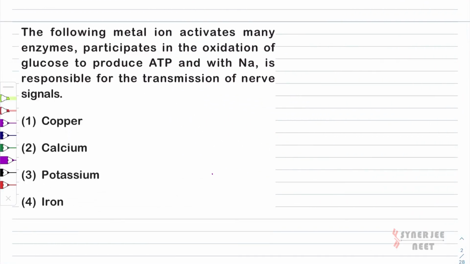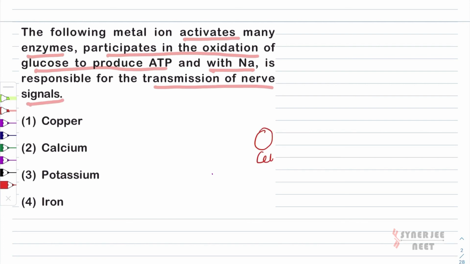In this question, it is given that the following metal ion activates many enzymes and participates in the oxidation of glucose to produce ATP, and along with Na+ is responsible for the transmission of nerve signals. Actually, if you take a cell, outside the cell Na+ ions are dominant, whereas inside, K+ ions are dominant.